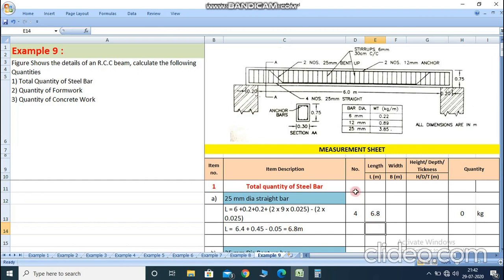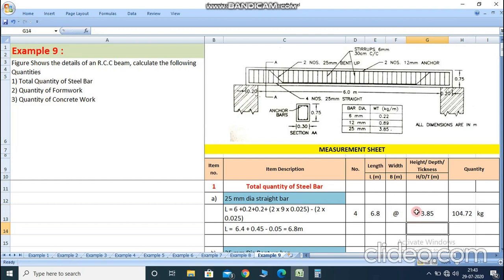Now see this table. In this figure, a table is given with the diameter of the bar and weight in kg per meter. So for a 25 mm diameter bar, if we take 1 meter length, the total weight is 3.85 kg, at the rate of 3.85 per meter length.